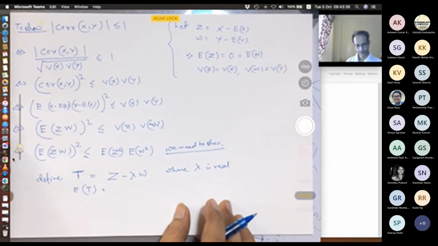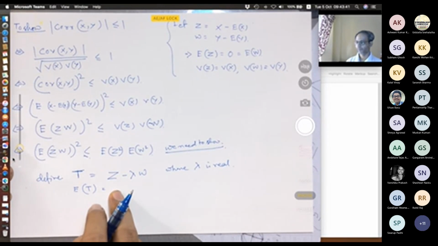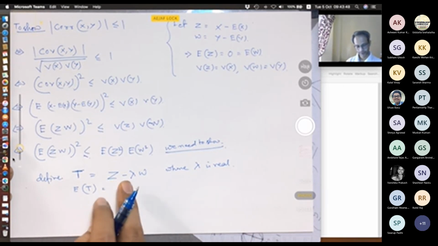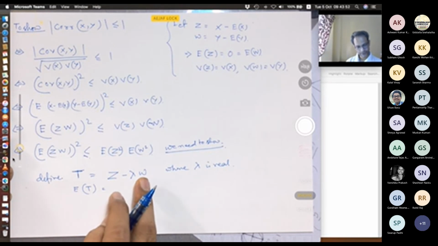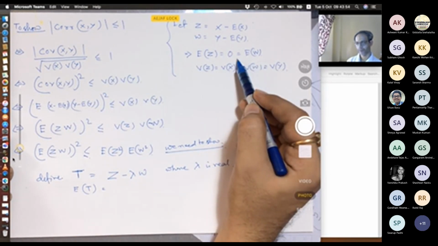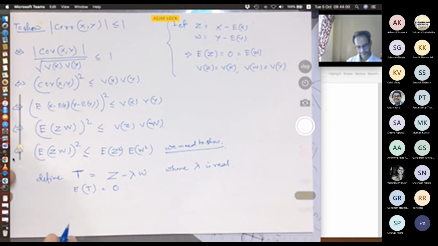Expectation of Z minus lambda times expectation of W. And you know this. Now you tell me. 0. Okay.